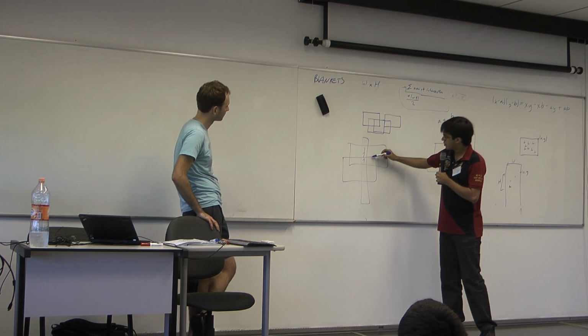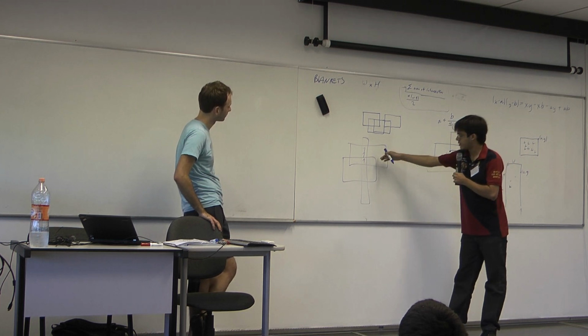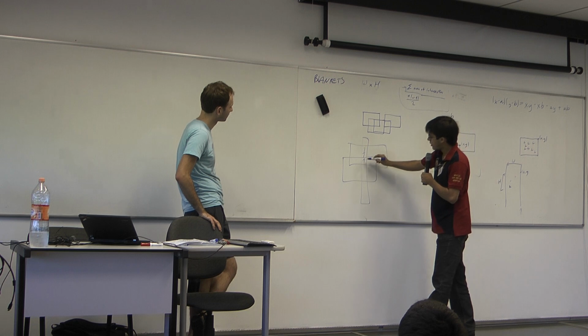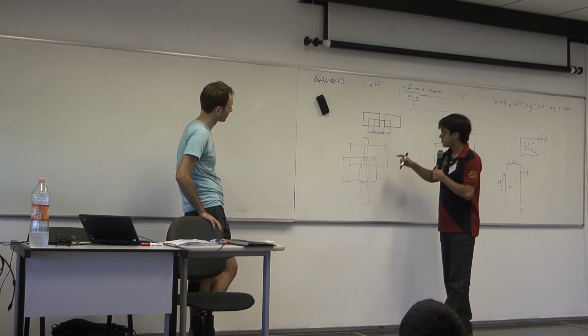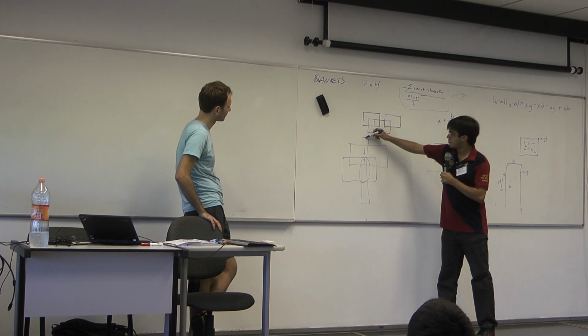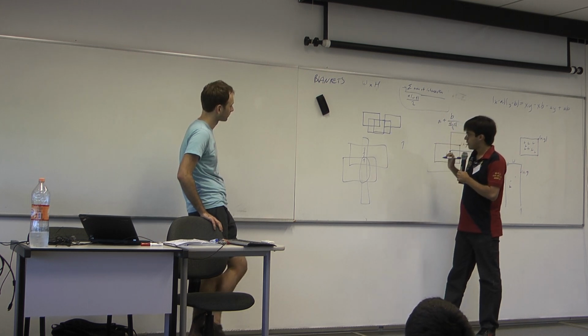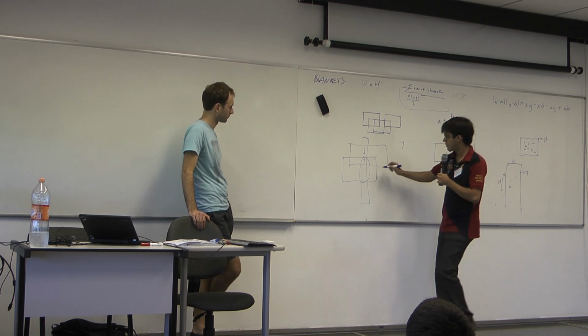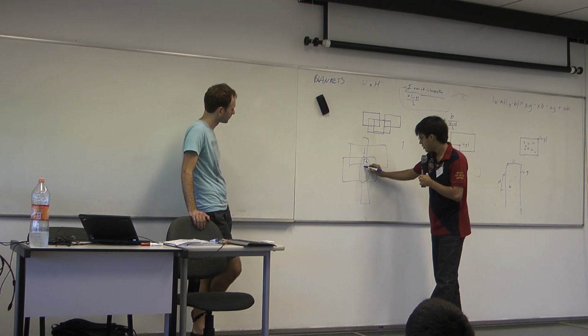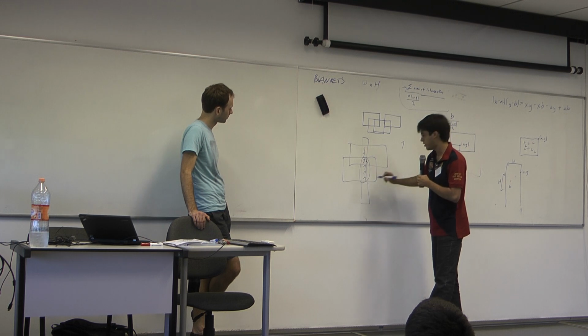Then for the second rectangle, we first carry the sum of these numbers, which is 1. So for now, this column contributes 1. And then I add 1 for each of the cells that intersect. So we get a 2 here, 1 here, 1, and 1.